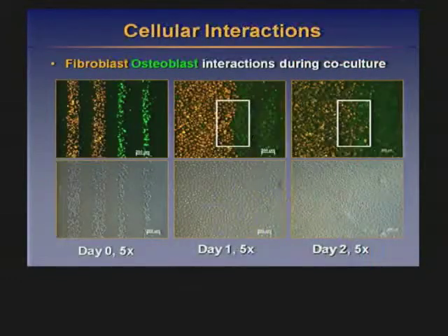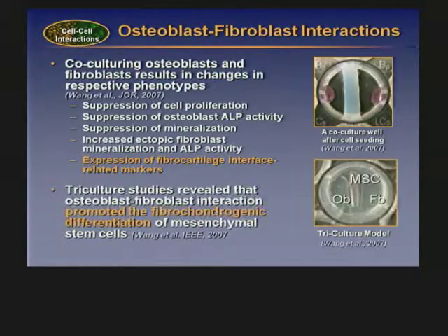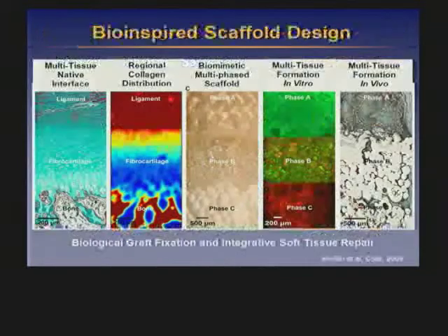So through a series of co-culture and tri-culture model systems, we elucidated some of the mechanisms underlying interface regeneration, in terms of how the cells have to interact with each other so that you can actually regenerate the interface between soft tissue and hard tissue. The cell-to-cell communication through paracrine factors as well as cell-cell physical contact have been found to be extremely critical in connecting soft tissue to bone.